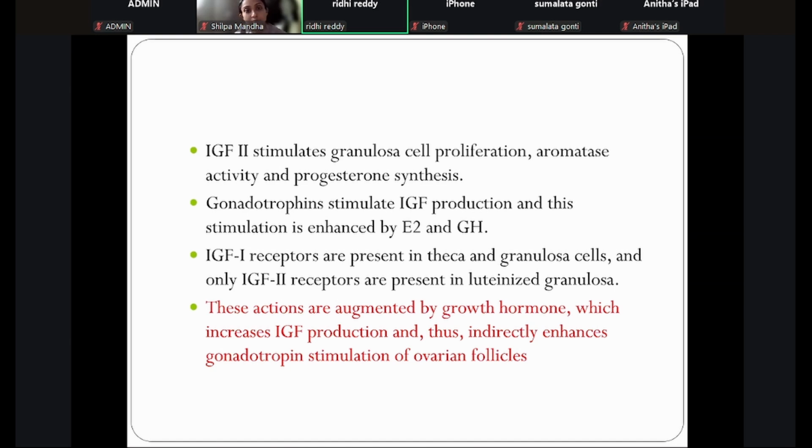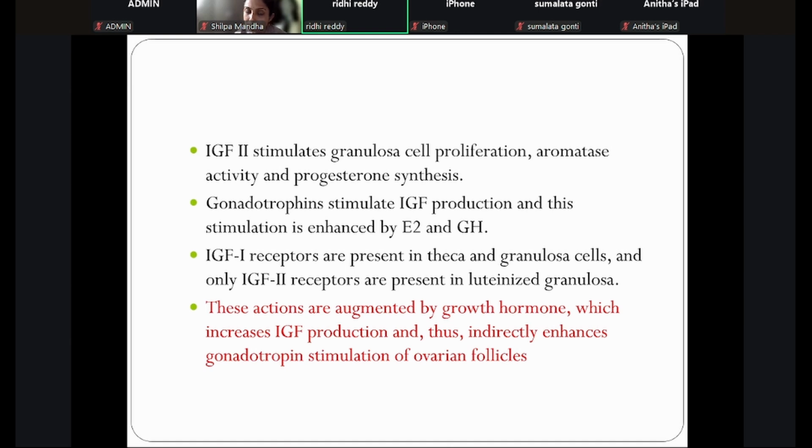IGF-2 stimulates granulosa cell proliferation, aromatase activity and progesterone synthesis. That's why whenever during stimulation we give growth hormone, it acts through insulin growth factor 2, and then again there is more granulosa cell proliferation.